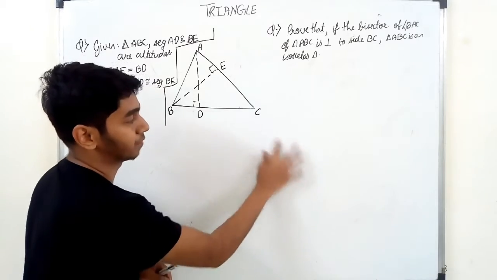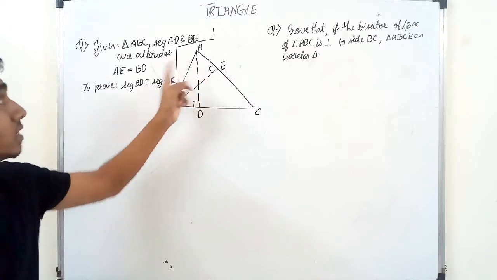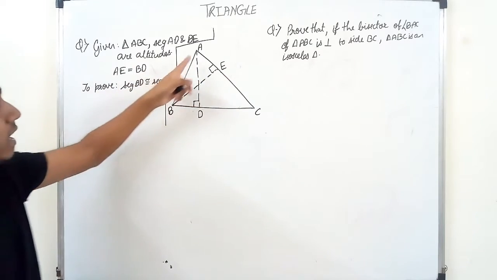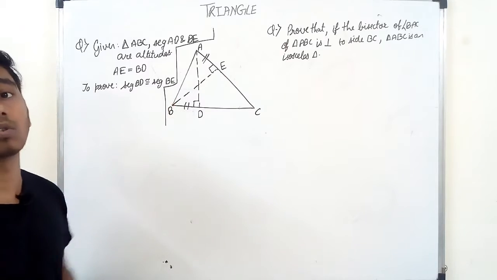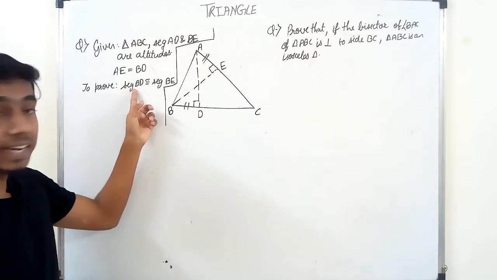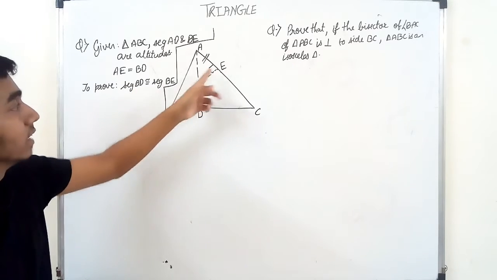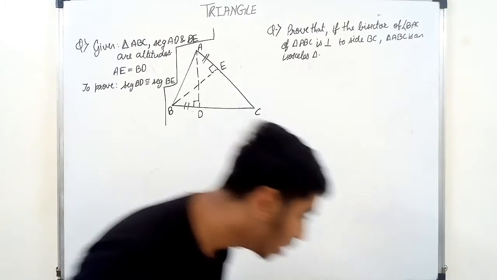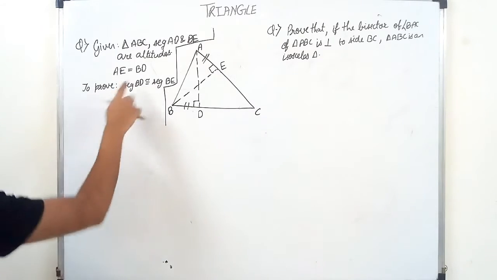So here we are discussing about this question. So this is given to us, and also AE. So this side and this side, they are also congruent, which is given to us. What is to be proved? AD and BE, sorry.